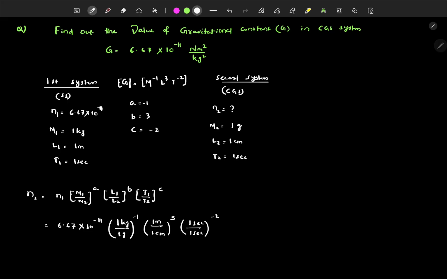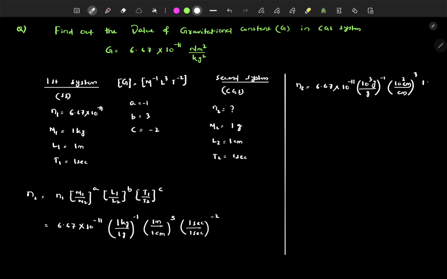After solving, N2 is equal to 6.67 into 10 to the power -11, 1 kg, that is 10 to the power 3 gram divided by 1 gram, whole power -1. Next, 1 meter is 10 to the power 2 centimeter divided by 1 centimeter, power 3. Next, 1 second by 1 second is 1, and 1 power -2.